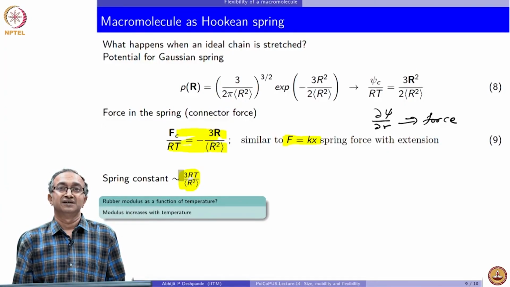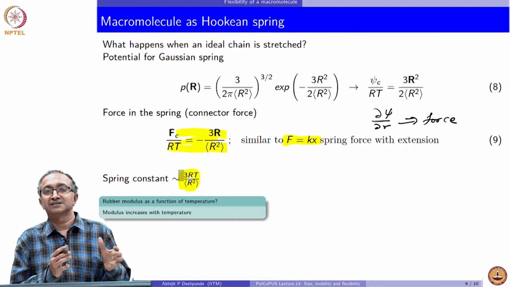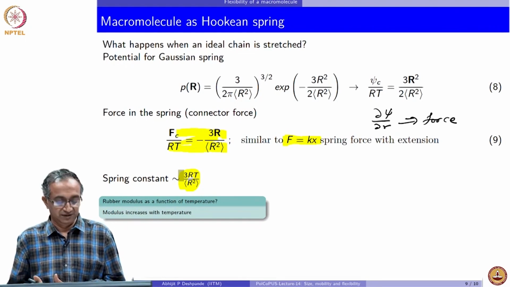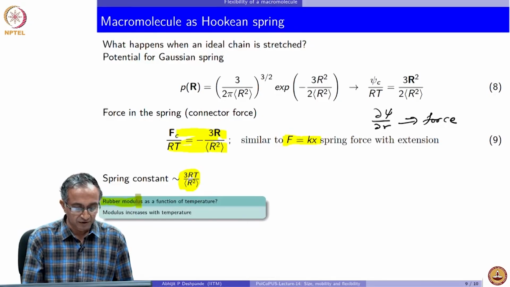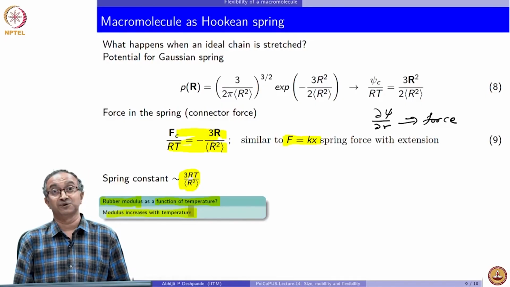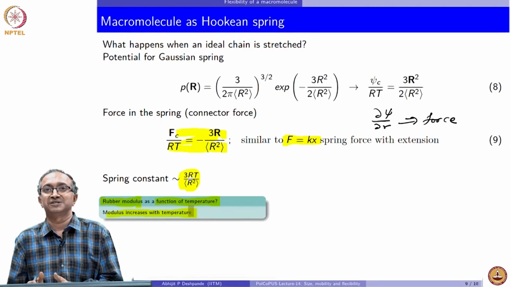This is very important because it says the spring constant increases with temperature in the case of a macromolecule. Again, just to emphasize, such a model at the single macromolecule level can immediately lead us to an important understanding of bulk behavior. For example, the rubber modulus as a function of temperature: in fact, modulus increases with temperature for rubber, whereas you might think a material's modulus will decrease with temperature.